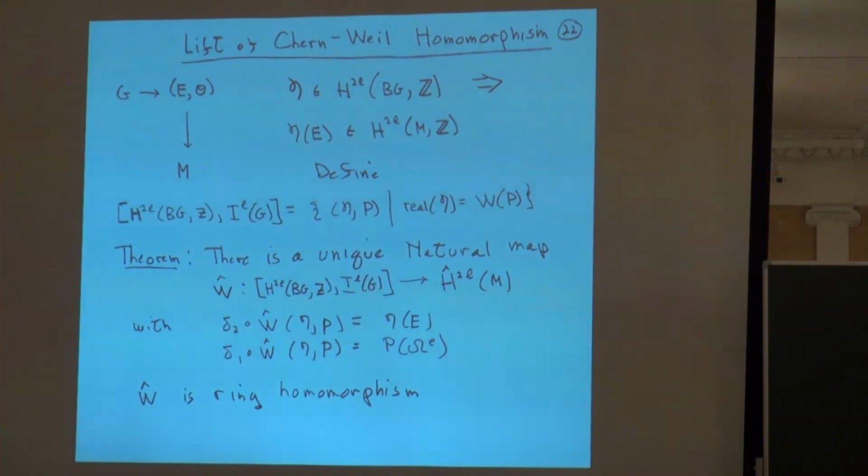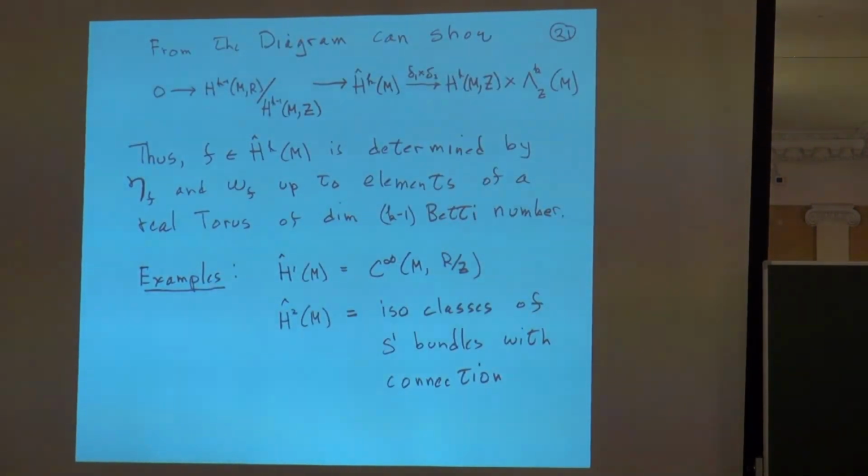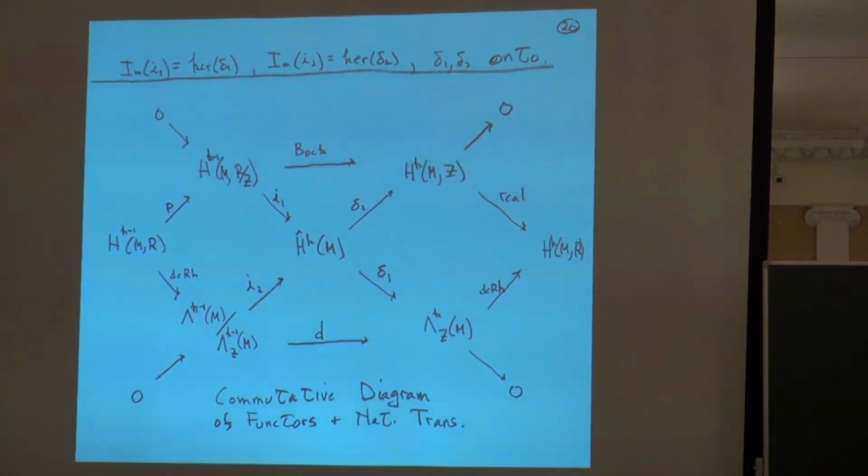I want to go back a moment because I forgot to mention something. I've characterized H hat as an abelian group, but actually it's a ring. And the ring structure is interesting. Here's how you multiply in the cases that are easy. So, for example, this sits in there.